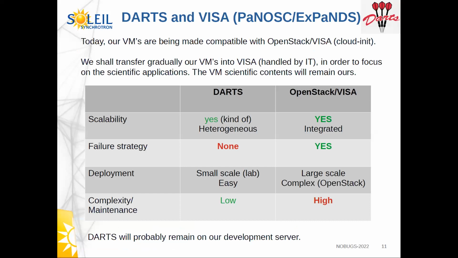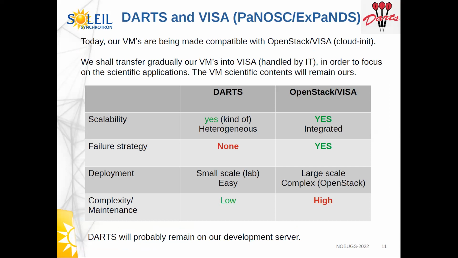So if we compare to other systems, of course, now Visa is coming in. It has been deployed initially at the ILL. It has been adopted at the SRF. It's also available at DAISY and in other infrastructures. Of course, DARTS is not exactly the same product, not at all, in fact. It's a very small scale software.